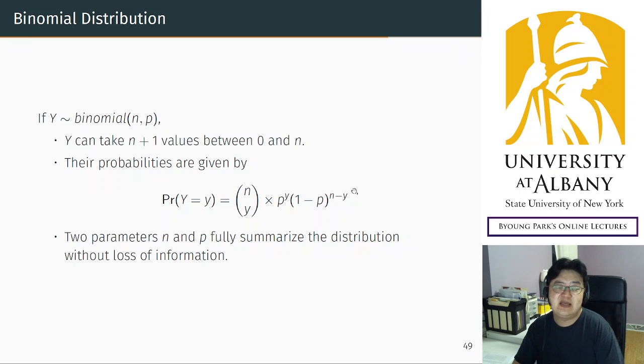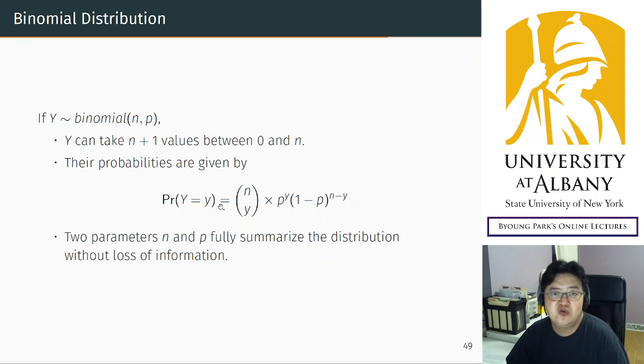So that's what I meant by the two parameters fully summarized, do not lose any information, and fully contain all the information about the binomial distribution. If you know the values of these two numbers, then you can calculate n plus 1 probabilities.